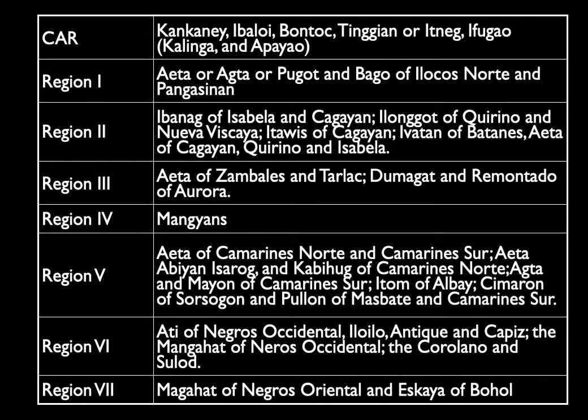Region 6, Ati of Negros Occidental, Iloilo, Antique and Capiz. Manggahat of Negros Occidental, the Corolano and Sulod. In Region 7, we have Magahat of Negros Oriental and Eskaya of Bohol.